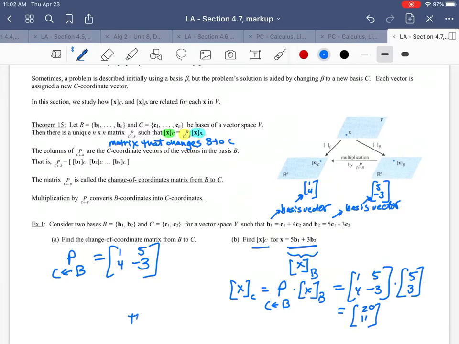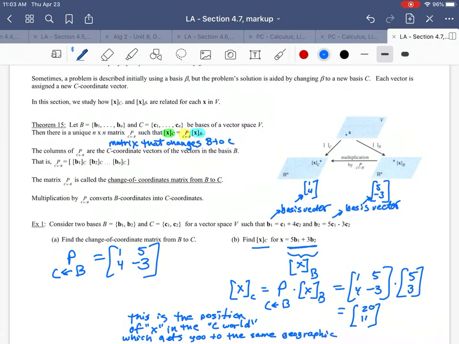I'll write it over here. This is the position of x, this x we keep talking about, the vector, in the C world, which gets you to the same geographic spot, the same location, as 5, 3 would in the B world.